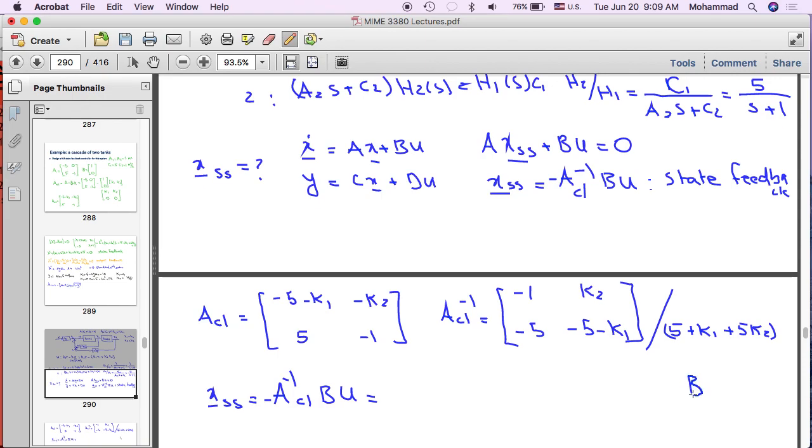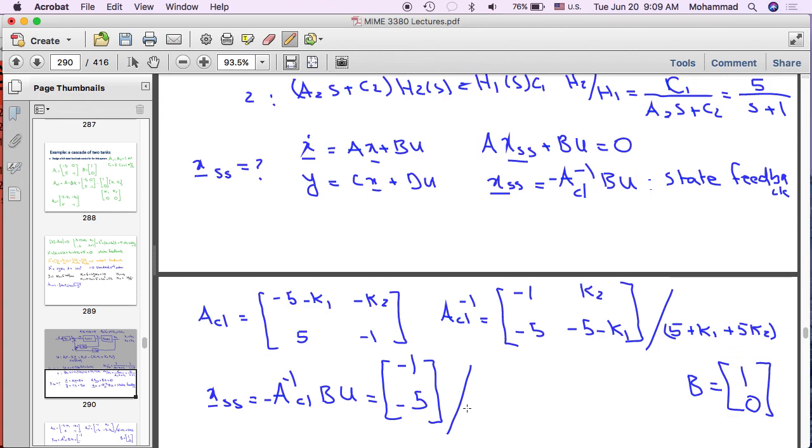So let me write B here. B is 1 and 0. So row 1 of A inverse gets multiplied by this column. So what survives is simply minus 1. And from the second one, what survives is simply minus 5. But what is also there is this determinant.